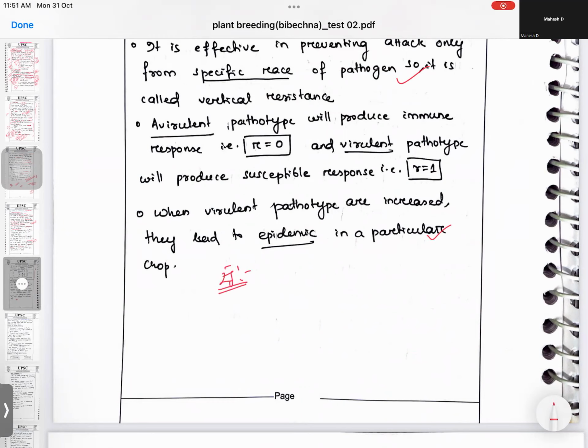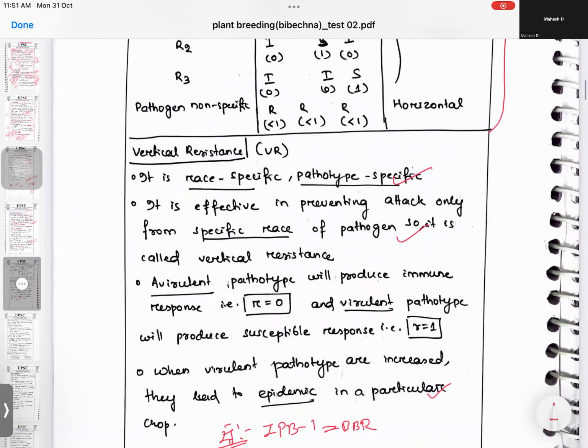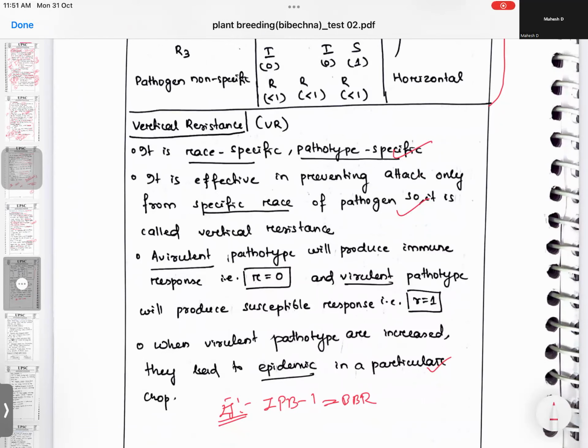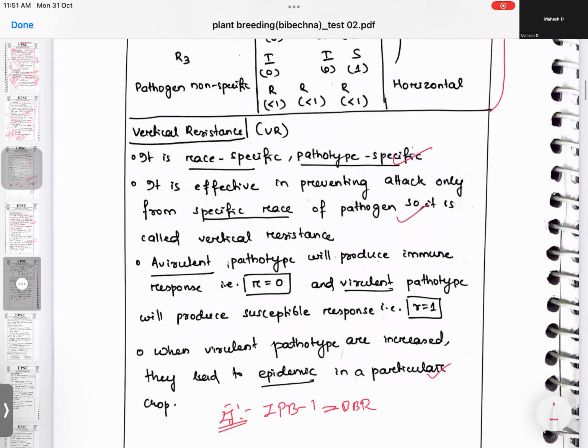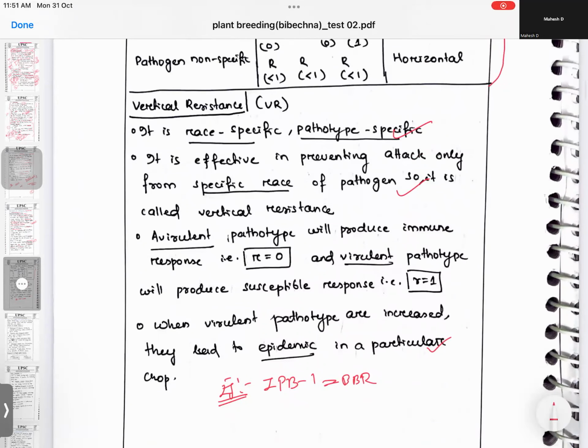For example, improved Pusa Basmati 1 has bacterial blight resistance. Earlier only Pusa Basmati was there, then they improved that variety by introducing some genes, by which it becomes highly resistant to particular races.